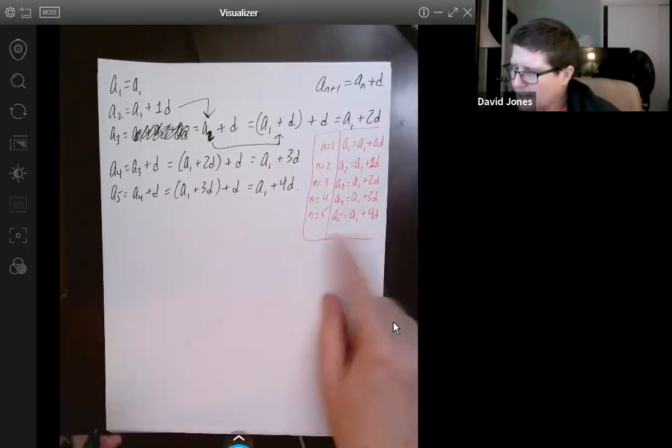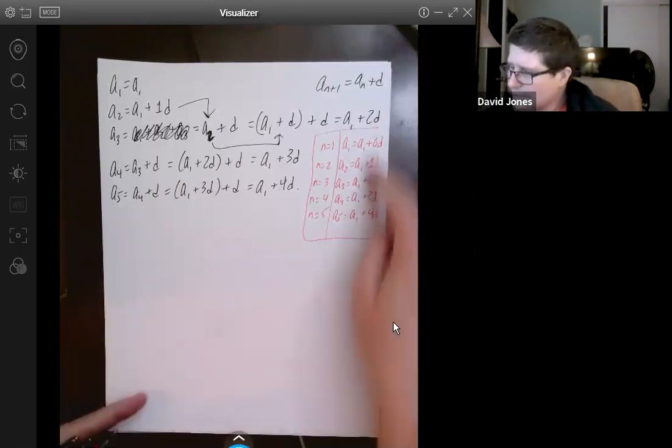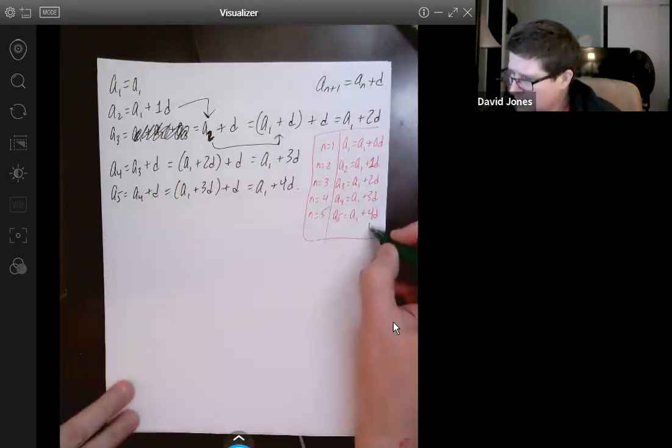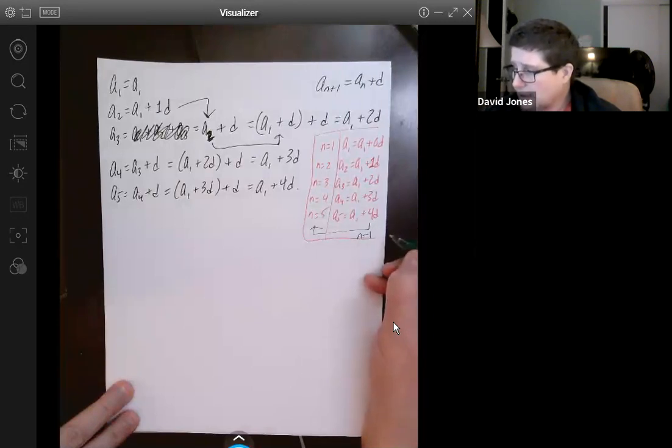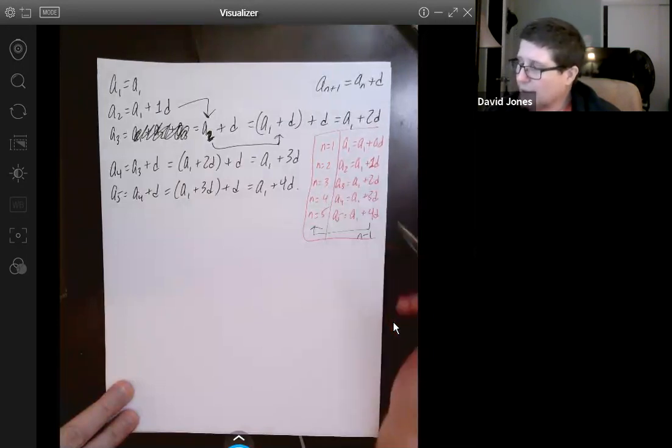What if I don't want to use n's? Or what if I don't want to do these individual numbers? How does this number here relate to the n's? This number here is n minus 1 for each of these. 4 is 5 minus 1, 3 is 4 minus 1, 2 is 3 minus 1.